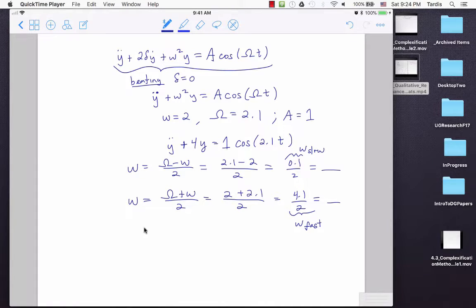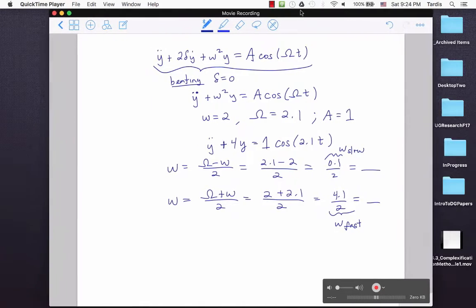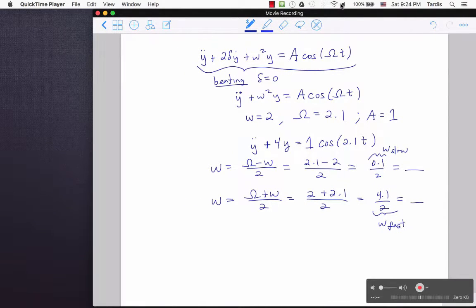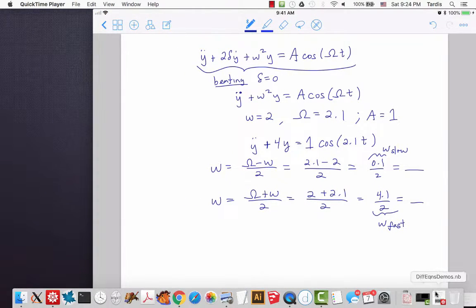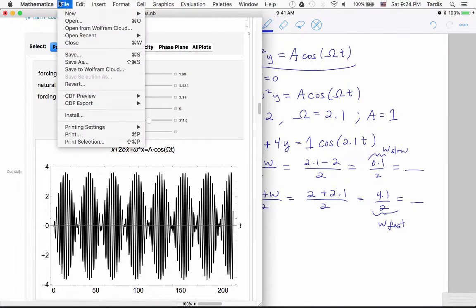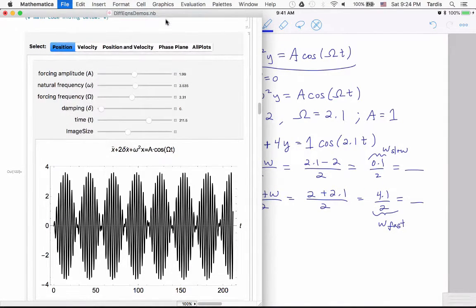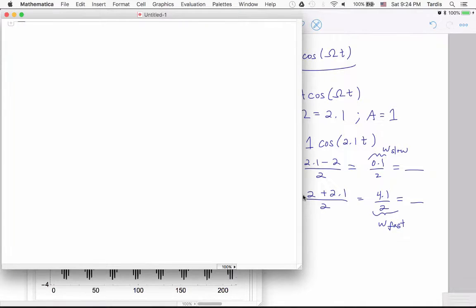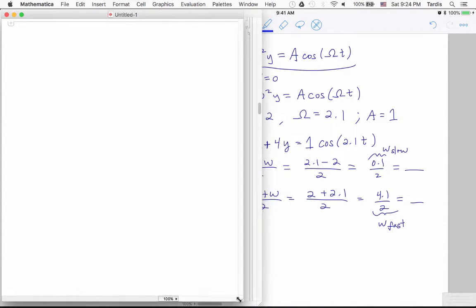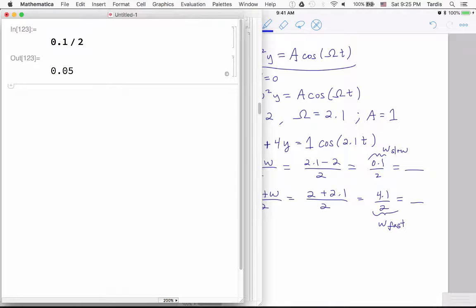Let's bring in our calculator real quick, and then I will look at the plot to see what these numbers mean. Let me bring in Mathematica, just my calculator. We bring in a new notebook, and then we will compute these numbers. So 0.1 divided by 2, and 4.1 divided by 2.